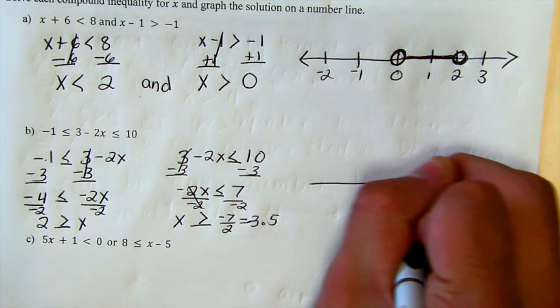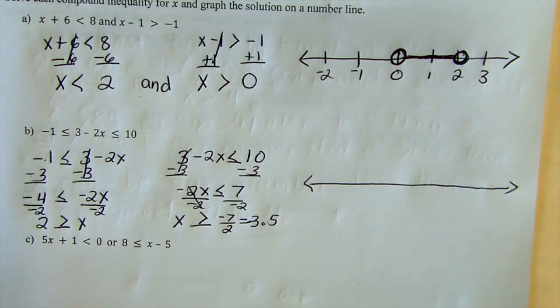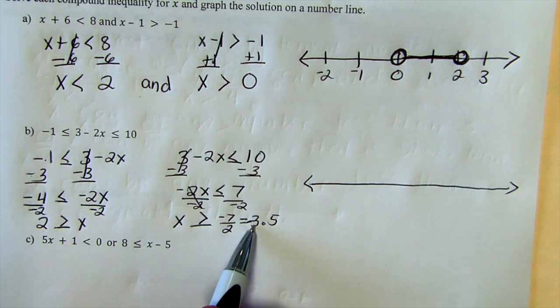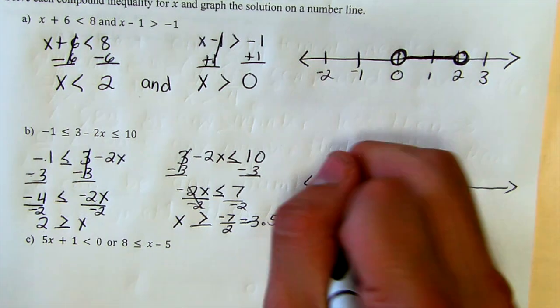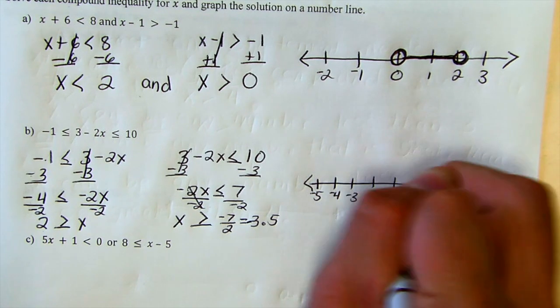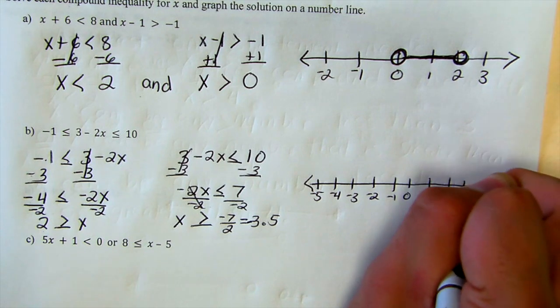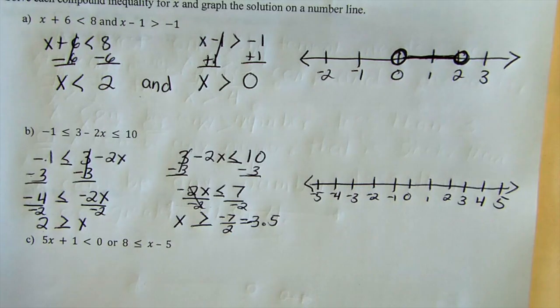Okay? Then on our number line, I'm going to draw my number line over here. I have 2 and I have negative 3.5, so let's just start with negative 5, negative 4, negative 3, negative 2, negative 1, 0, 1, 2, 3, 4, 5.